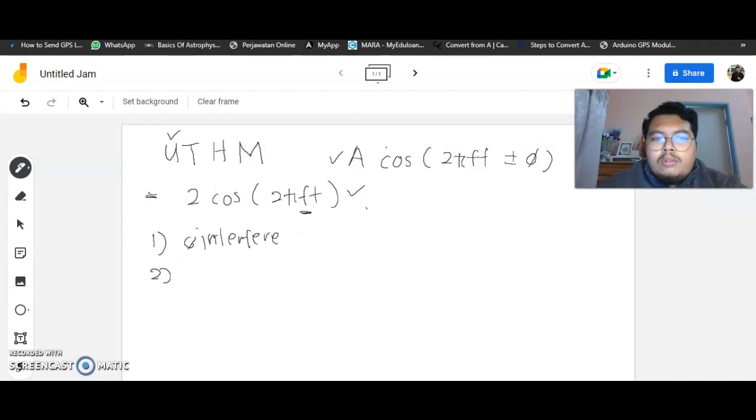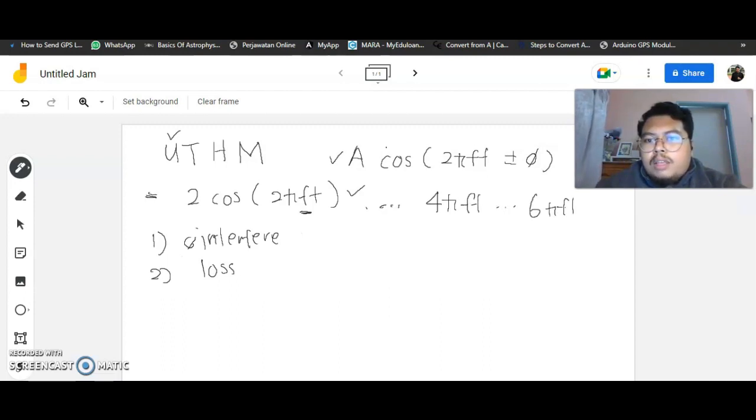That's why we don't want the same frequency for each equation. So let's say we increase it by 2, then up to the next equation, the frequency will be like 4 pi ft and 6 pi ft, something like that.